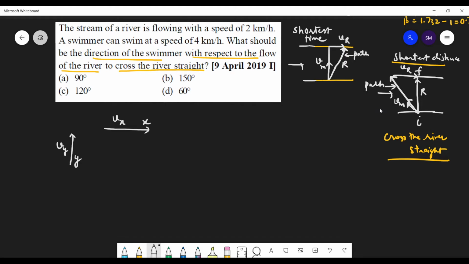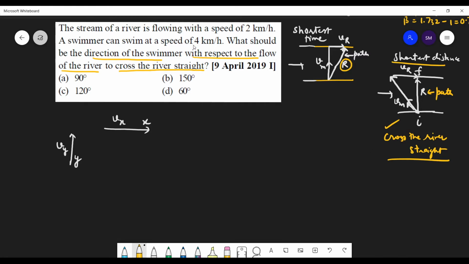Sorry students, this resultant is your path. The resultant is always your path. That's the resultant of both these velocities. Yes, this is the resultant velocity of the man. So that's the case: cross the river straight.